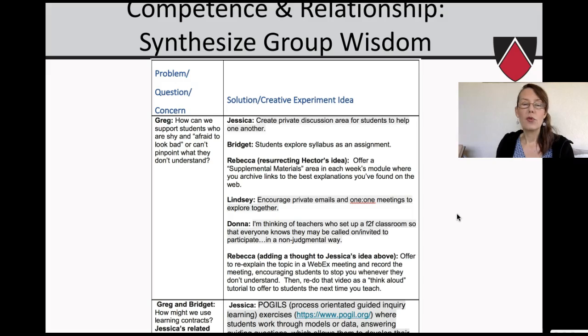If you were able to scroll down here, you would see lots of other questions and problems posed by different members of that discussion group, and solutions and experiments that were offered to one another.